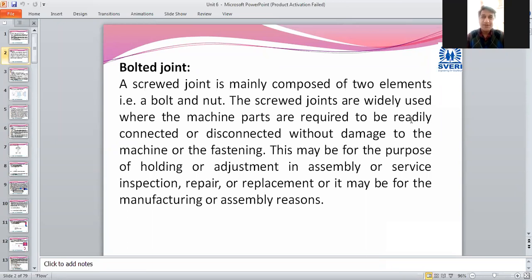Okay, or where the government buildings are there, you can find these old constructions and old equipment also. So in that case, these riveted joints were used. Even sometimes for the steam engines, these riveted joints were used for manufacturing the shell of the boiler. You can easily find it.